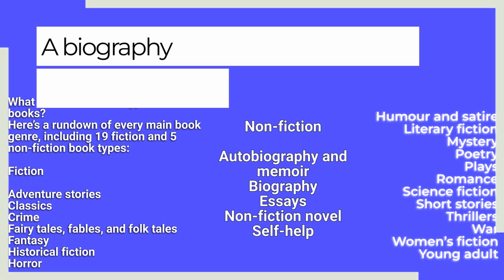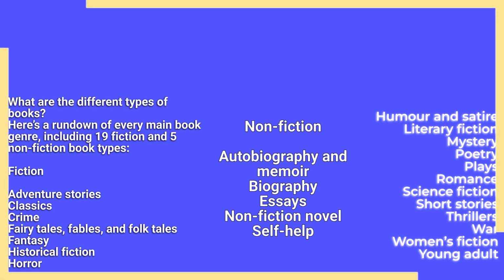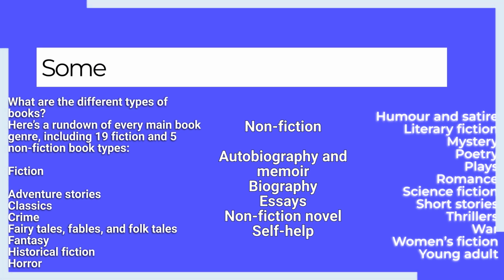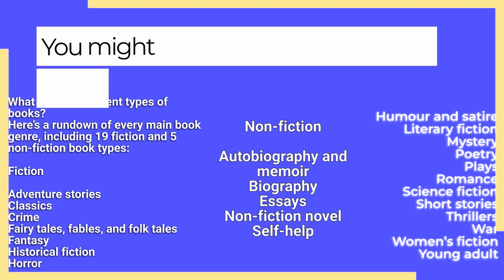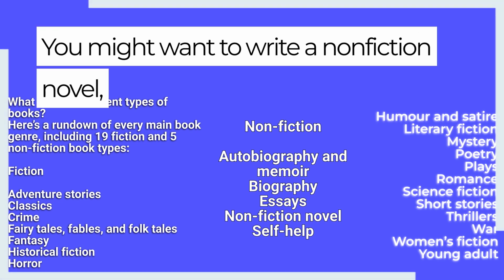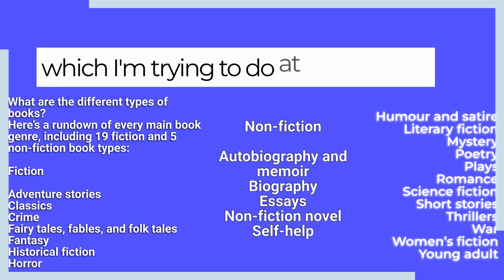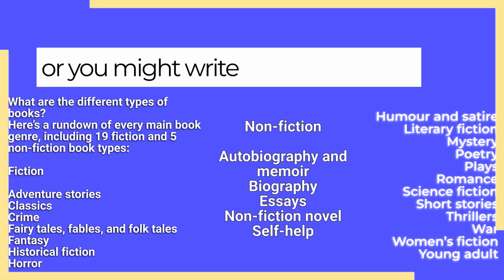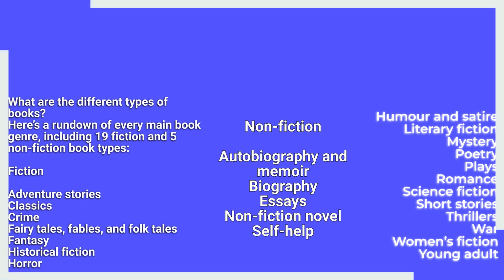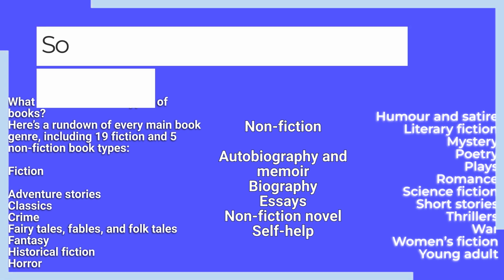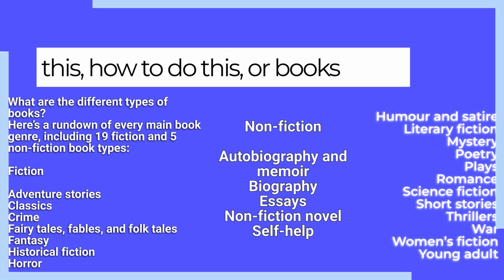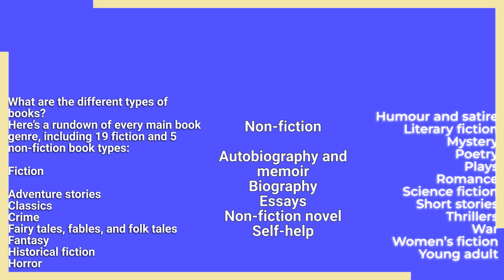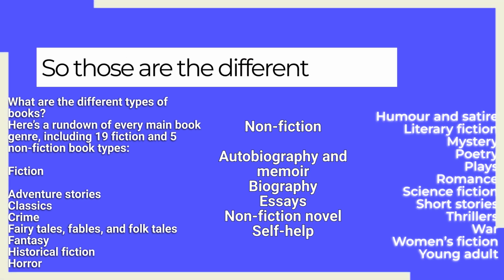A biography is when someone else writes about you. Some books are a collection of essays. You might one day write a non-fiction novel, which I'm trying to do at the minute, or you might write a self-help book. So you often see cookery books or how-to books. So those are the different genres.